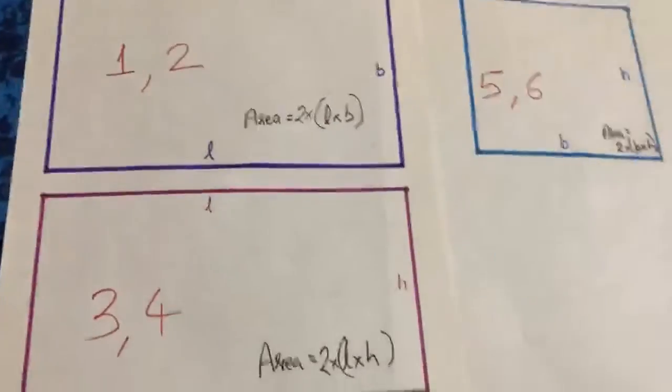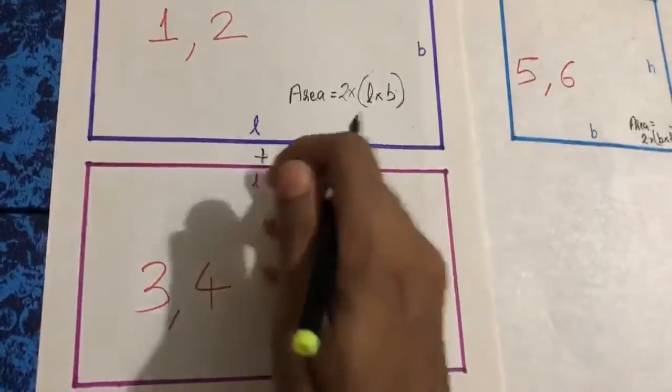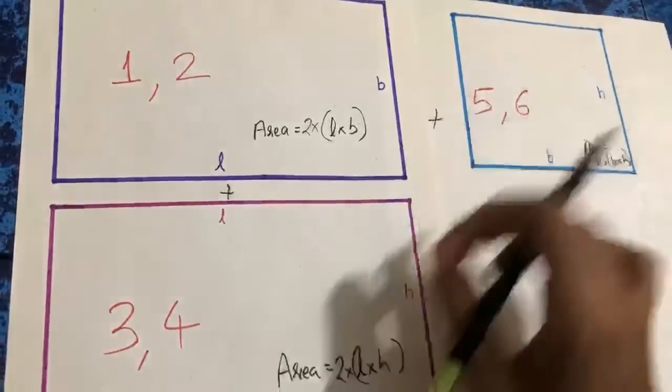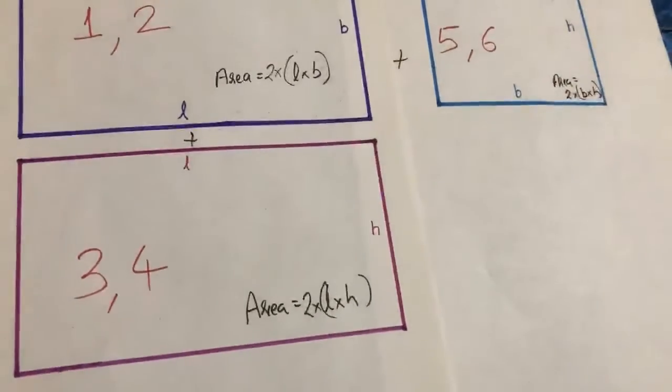So what is the total area? The total area is basically this area plus this area plus these areas. Adding them all up, what do we get?